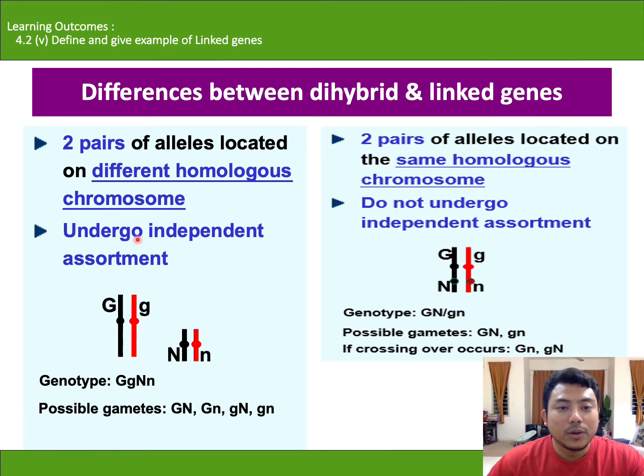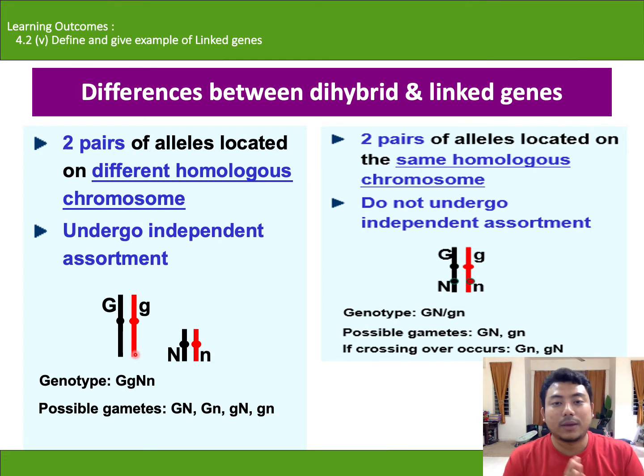In the dihybrid cross, the two pairs of alleles are located on different homologous chromosomes. You see, G and N are entirely on different chromosomes. Remember that some organisms have a large number of chromosomes, some have only a small number.